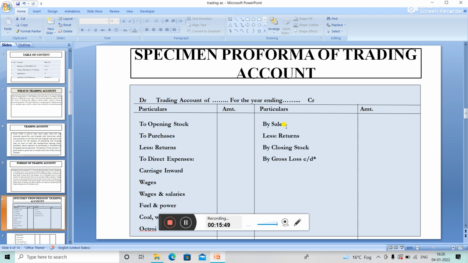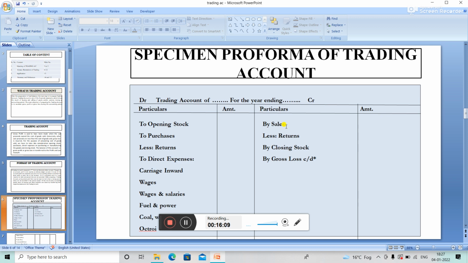I hope everyone knows the journal entry of this closing stock. Just for your information, it is closing stock account debit to trading account credit. I hope this is clear.